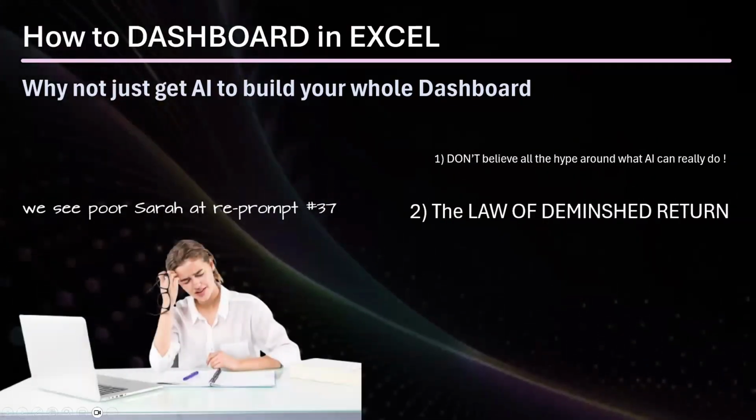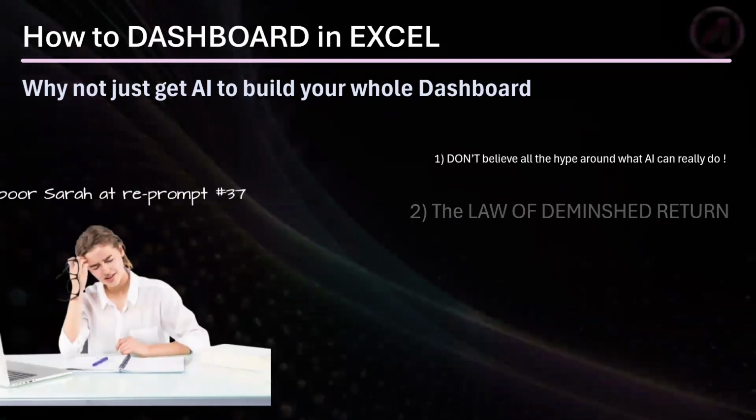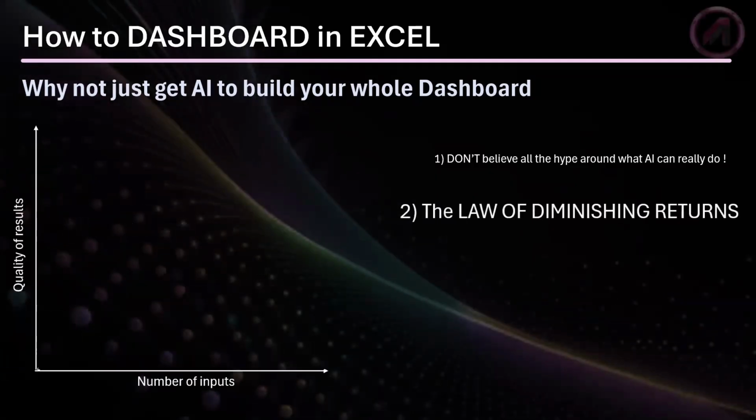Number two is that if anyone has done any type of work with AI, what you'll notice is that the law of diminishing returns starts kicking in. What I mean is that you're aiming for what some people would consider AI perfection. You think that you can get AI to do the whole thing.